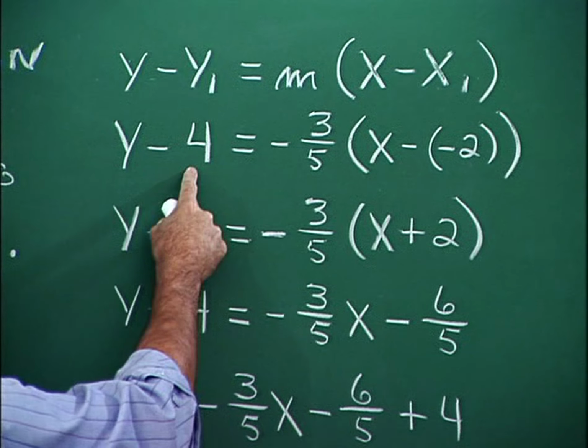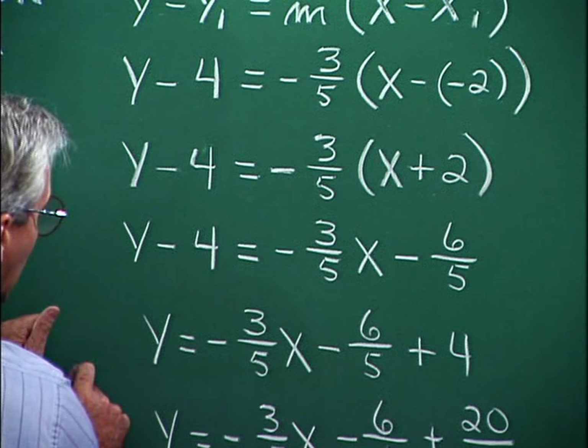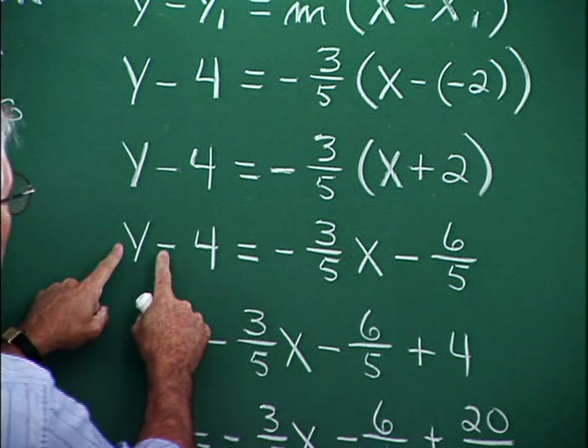Now the slope-intercept form, y equals mx plus b, isolates the y on one side. So we would not want to create a coefficient of y. We would want to leave the y over here as it is.